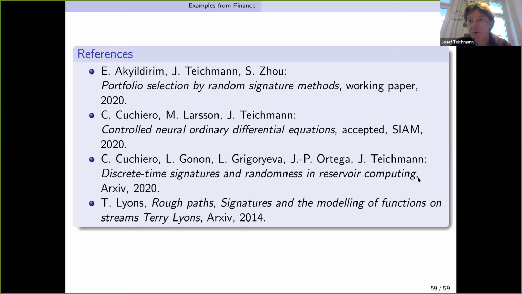It's a proof for discrete time fixed jump semi-martingales of the theorem which I presented before. And the first one is an interesting, hopefully interesting work on portfolio selection, where we learn by random signature methods drift signals in financial time series.